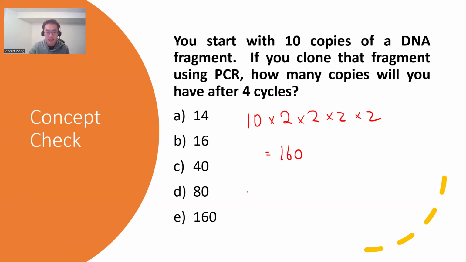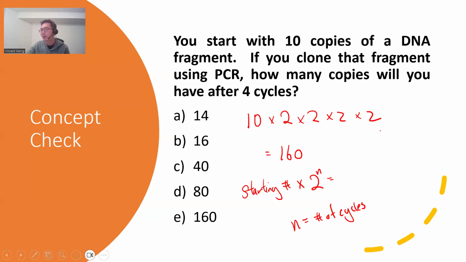So basically, it's starting number times 2 to the n, where n equals the number of cycles.